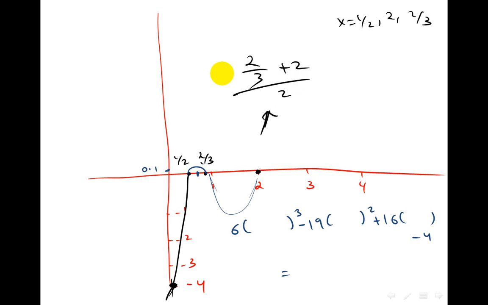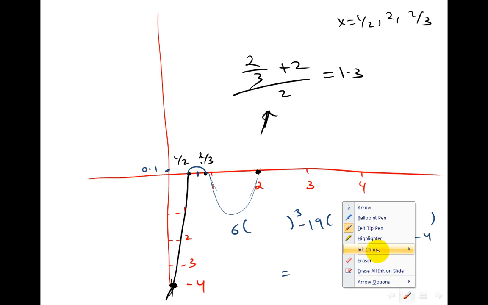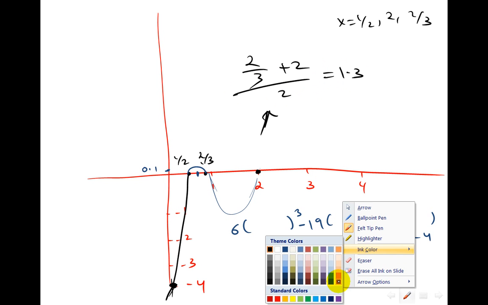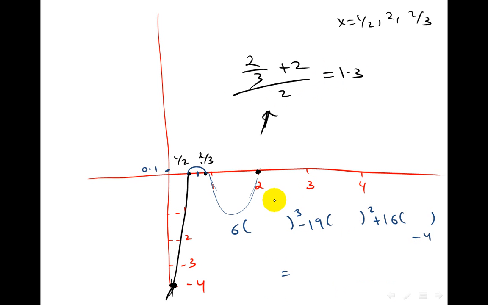Add them, then divide by 2. It's almost 1.3. So let's say it's 1.3. Let's say it's almost here. Alright, and I'll put this 1.3 in the original question. I'll plug in and find the answer. Don't forget I have a -4 here, and find what's the local minimum.